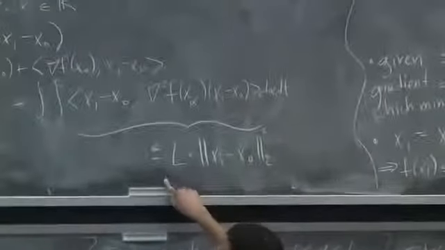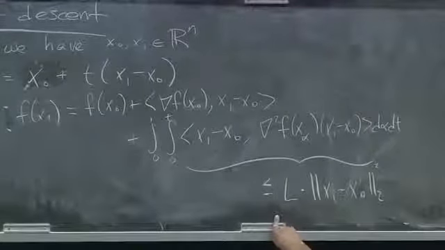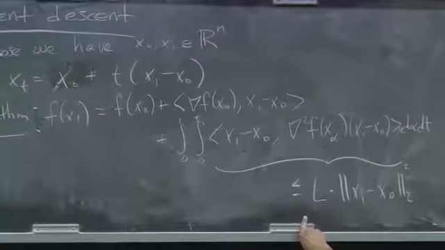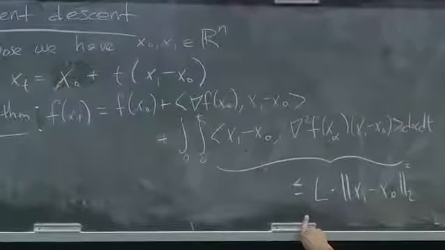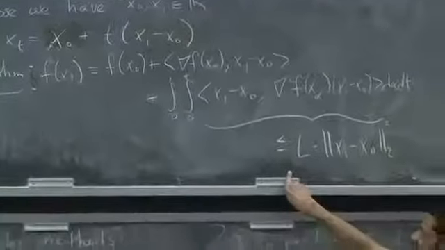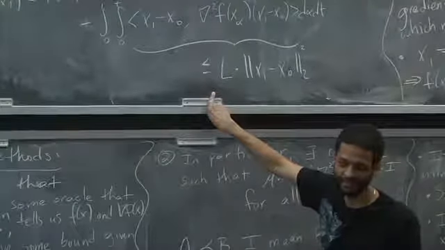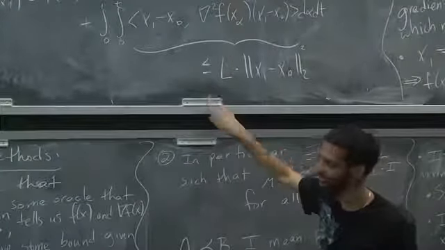Okay. So on the one hand, we said that this thing is at most something. It's also at least something, right? Do people agree with me? Okay, so what changes if I wanted to put the inequality in the other direction? Yeah, L changes to mu.